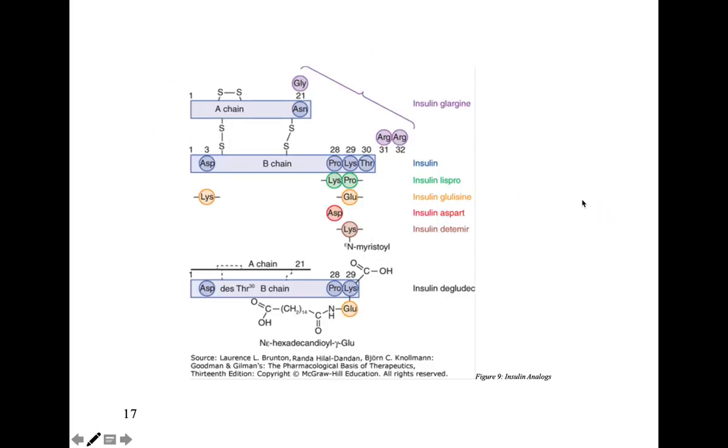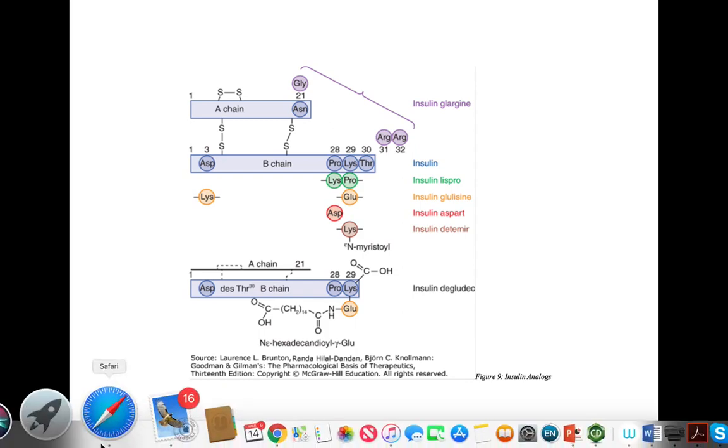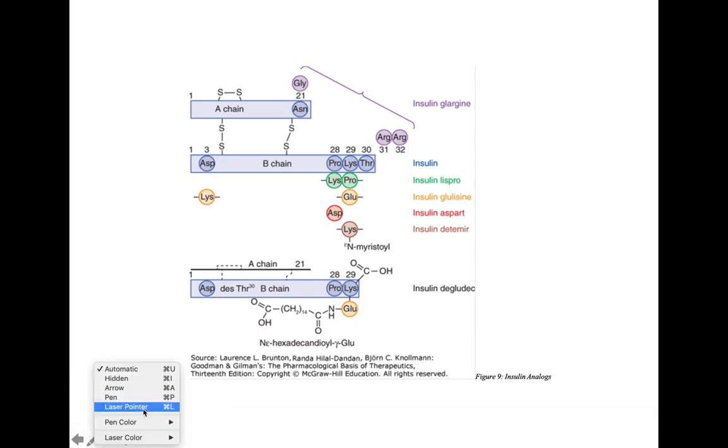All right. So this picture here is a summary of everything that we've looked at, and it's included here for your reference. Again, regular insulin is here. Glargine has the extra arginines on the B chain, and then the glycine is added at the 21 position here, and that's for insulin glargine.